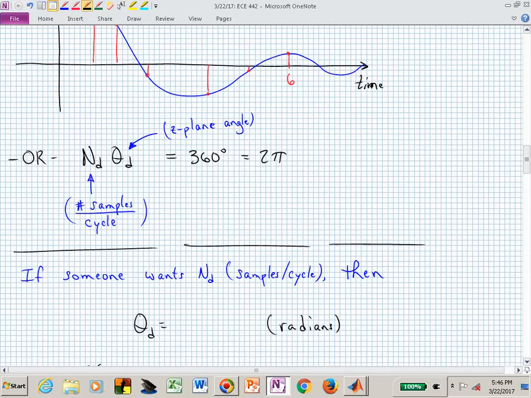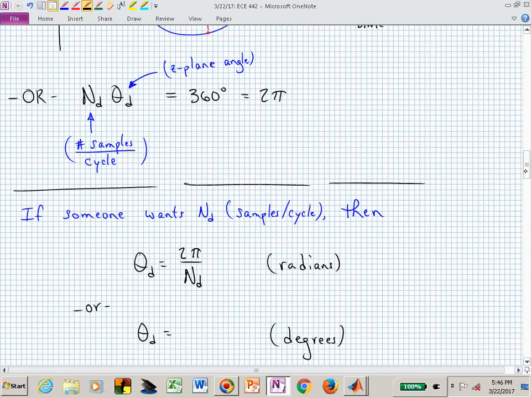Relative to this formula, we're really just solving that for theta sub d, either in terms of radians or degrees. Meaning, if we wanted so many samples per cycle, then that would force our angle theta sub d of our dominant poles. In this case, in radians, we would now have 2 pi over n sub d. Or if you wanted that angle in degrees, we would just have then this 360 degrees divided by n sub d.